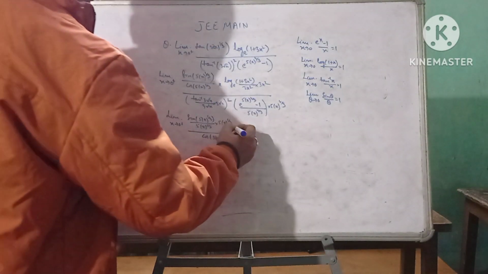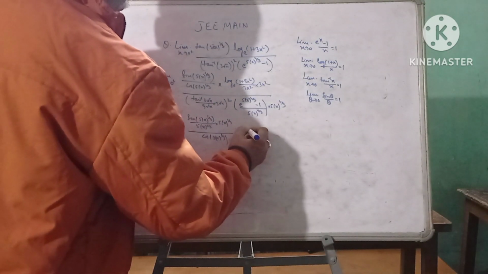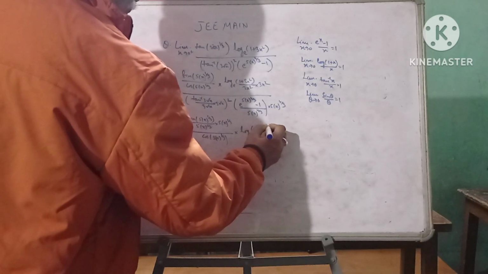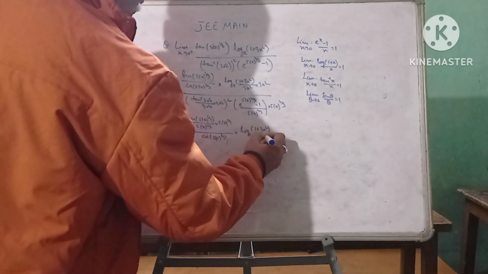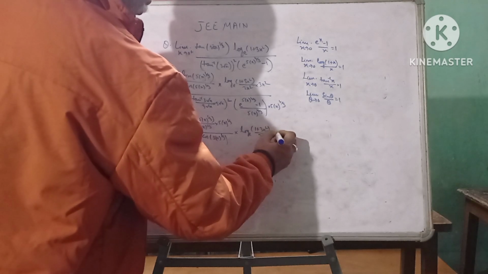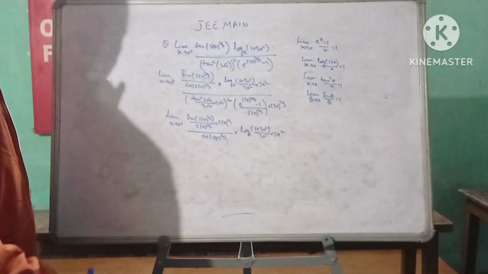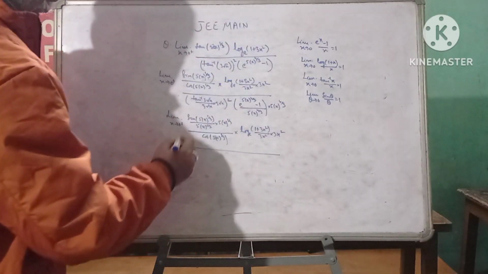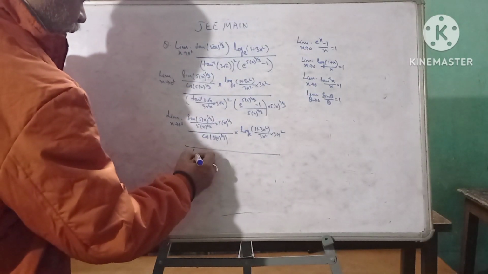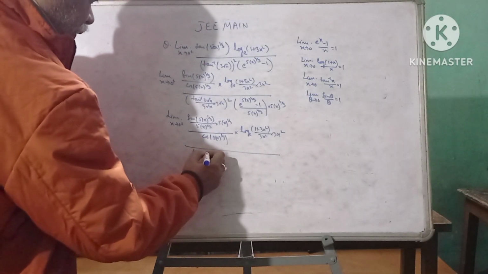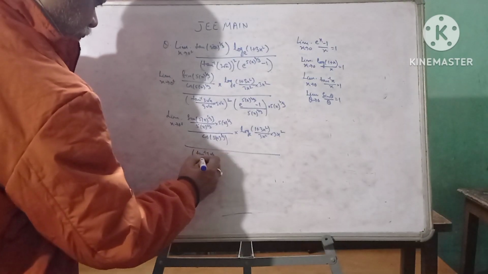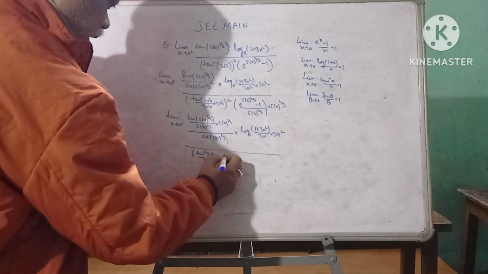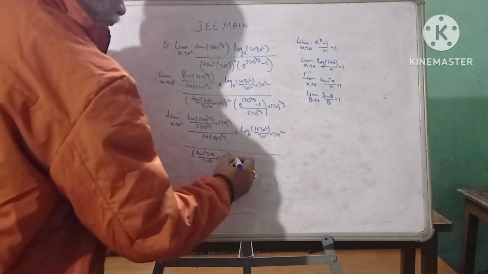And here again same thing, log e (1 plus 3x square) by 3x square into 3x square, and this divided by, again the same thing, tan inverse 3 root x by 3 root x into 3 root x the whole square.